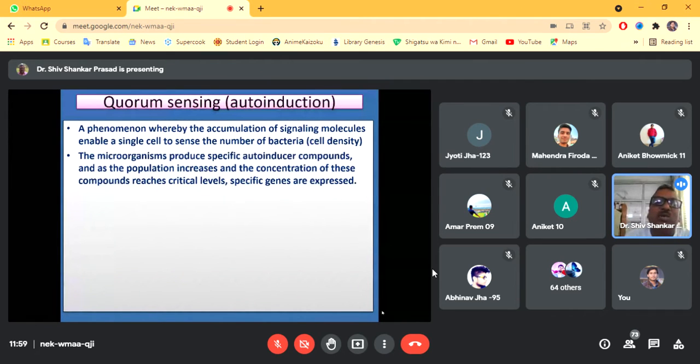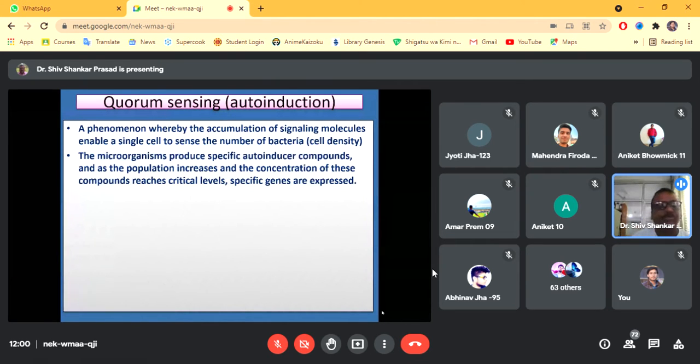So the microorganisms produce a specific auto-inducer compounds, and as the population increases and the concentration of these compounds reaches a critical level, specific genes are expressed, है ना? तो जैसे ही केमिकल कंपाउंड का क्रिटिकल लेवल इंक्रीज करेगा, माइक्रोबियल पॉपुलेशन का डेंसिटी इंक्रीज करेगा, वैसे ही ऑटो इंड्यूसर जीन एक्सप्रेस होगा, और जो म्यूचुअल इंटरेक्शंस बिटवीन प्लांट रूट्स एंड माइक्रोब्स है दैट विल बी एक्टिवेटेड.